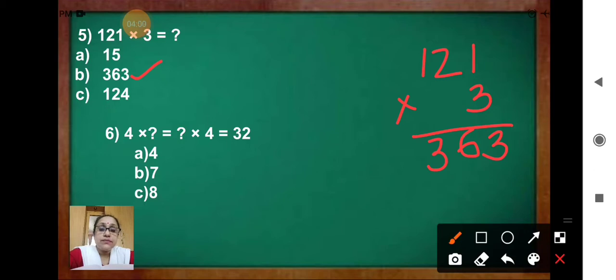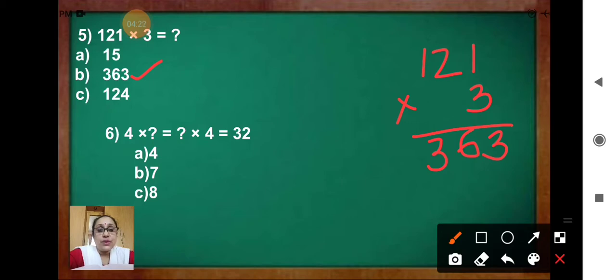Question 6. 4 multiplied by question mark equal to, again question mark multiplication sign 4 equal to 32. Now say the tables of 4.